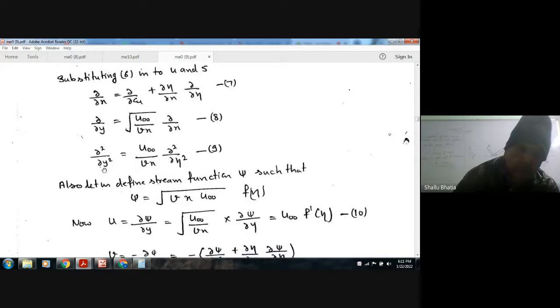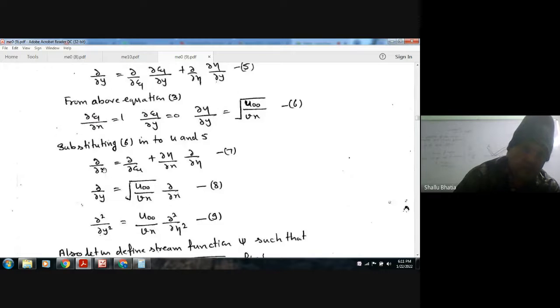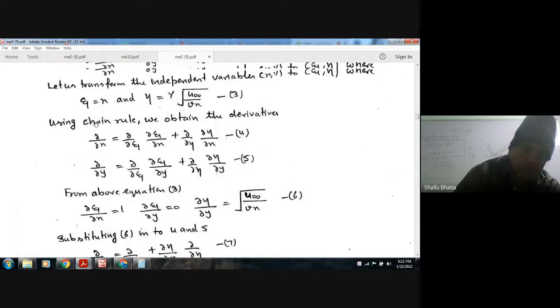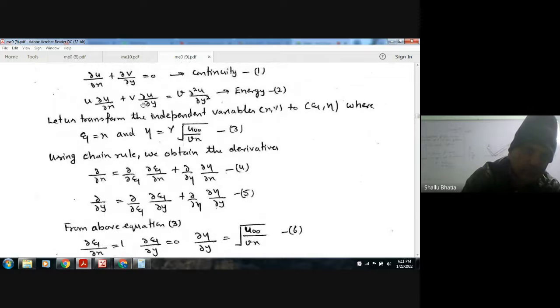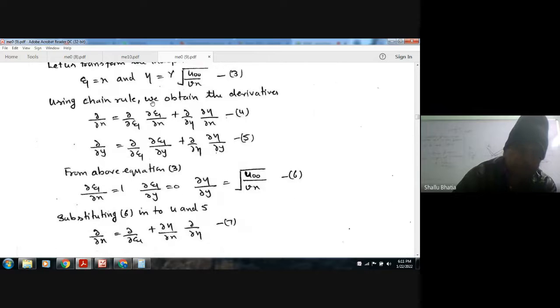Okay, now we have to put in this u and v also. So finding out this u and v.